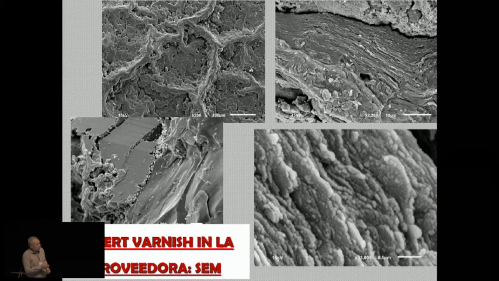Under the electron microscope, we can see very interesting features, in particular these polygonal structures on the desert varnish surface and its laminated character in the cut. Under even higher magnifications, we see its globular arrangement.